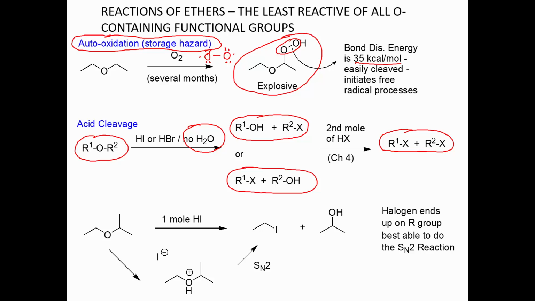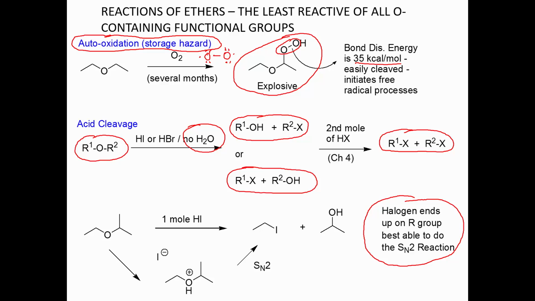Rule number 1 is that the halogen ends up on the R group that's best able to do the SN2 reaction. By the way, this is added as a gas, but it can be done in other solvents that are not water or ethanol, that don't have water or OH groups in them at all, like acetonitrile and benzene and things like that.